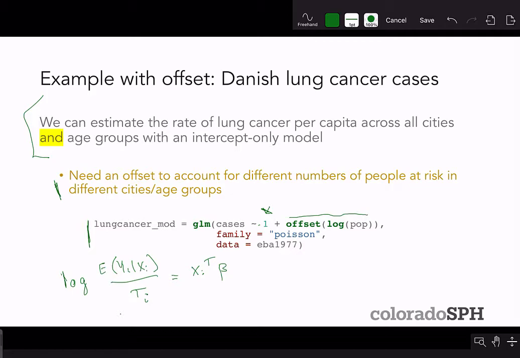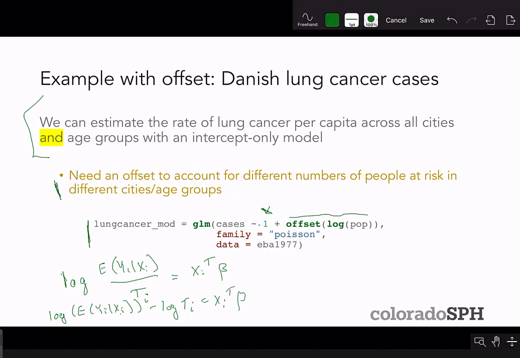And in the last lecture, we showed that we can rearrange that and get log of expected value of yi given xi minus log of ti equals xi transpose beta.